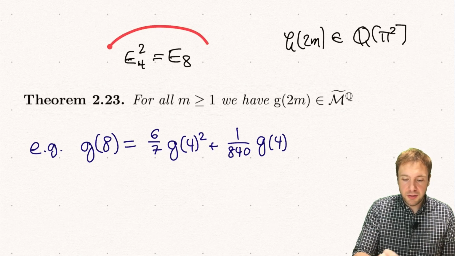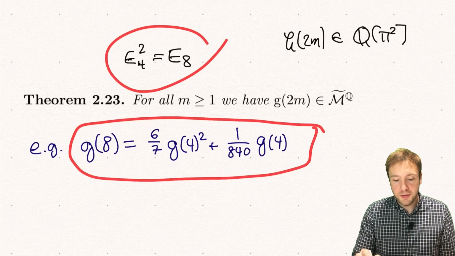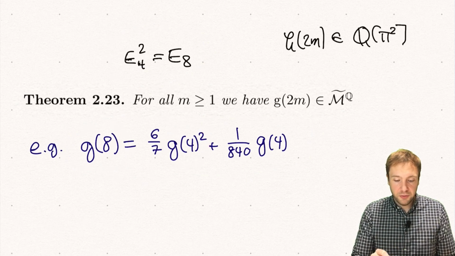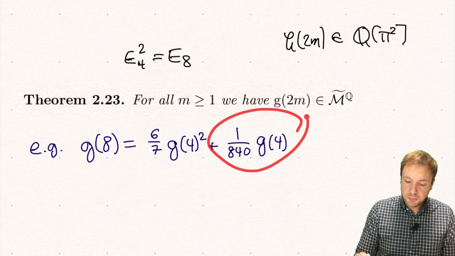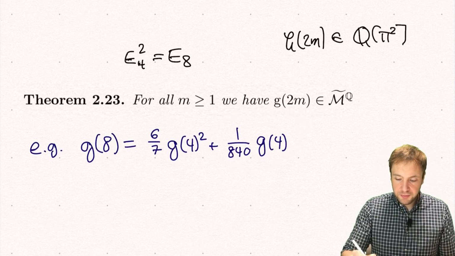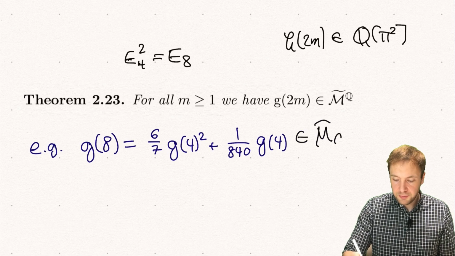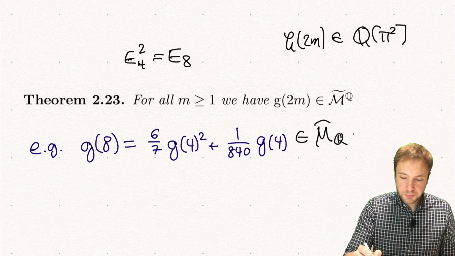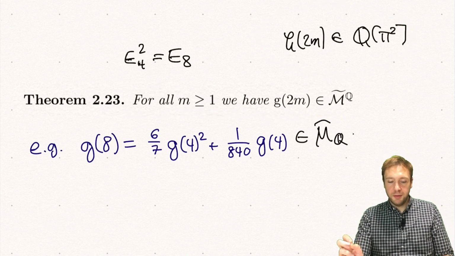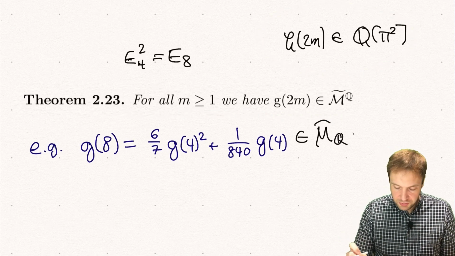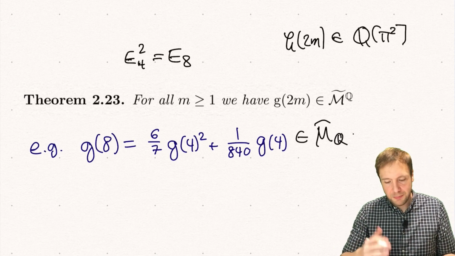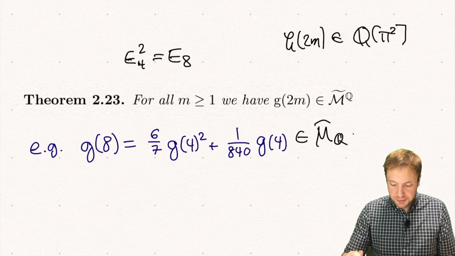And this is equivalent to showing this equality here, that this small G8 is just this small G4 squared with some factor plus some multiple of G4. And this is of course an element in the space of quasi-modular forms. So this analog we have here, and this statement we will prove later in section 5 by using generating series and also some more generalized Schaffer product.